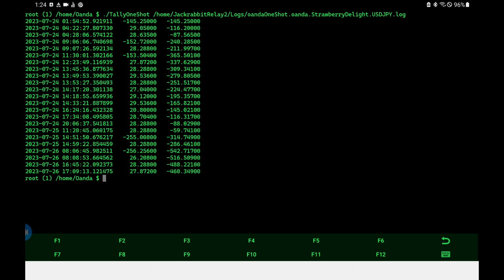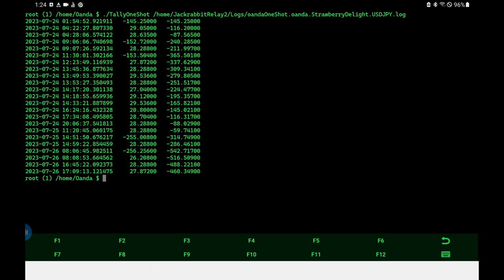Here it is, the latest information with a 5 pip take profit and a 60 pip stop loss. And as you can see, the account has lost $460. Again, these are leveraged numbers.